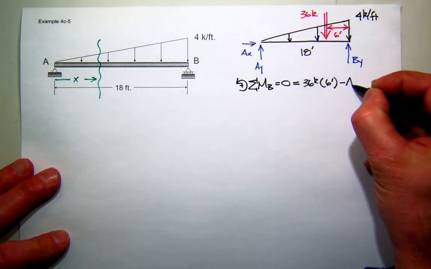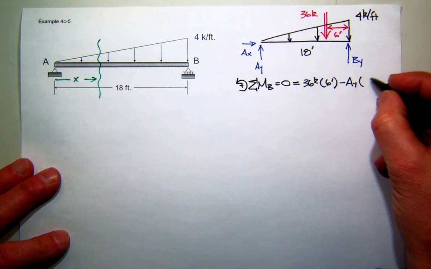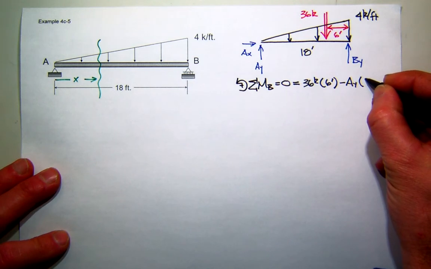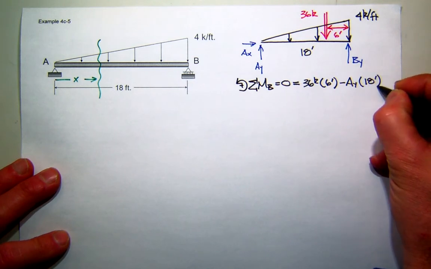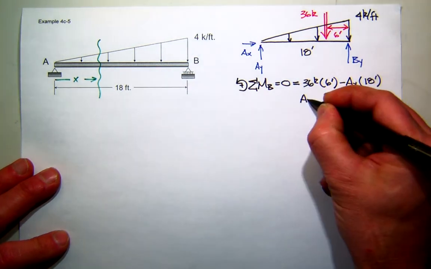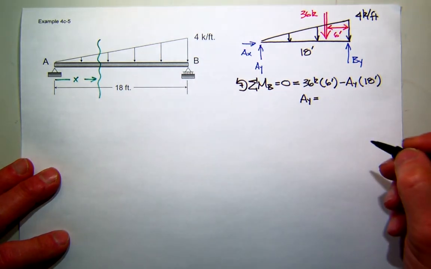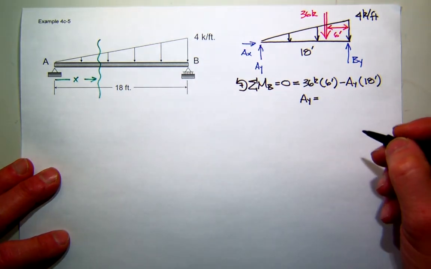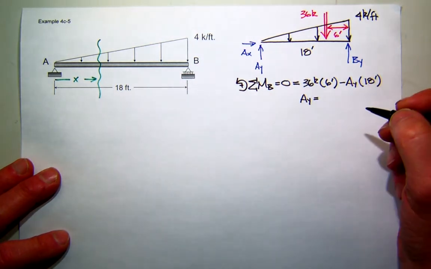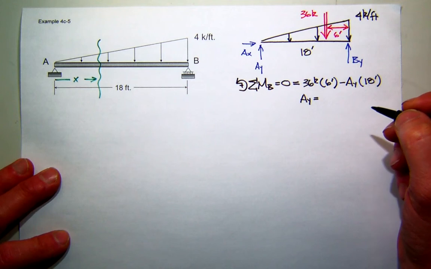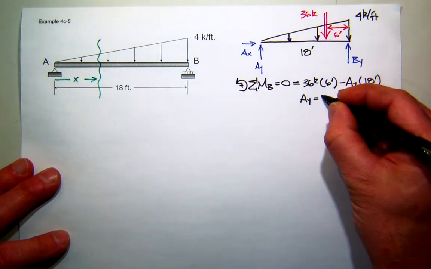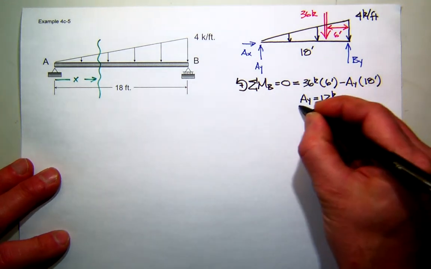Negative. AY and its moment arm is 18. So it looks like AY is going to be 12 kips.